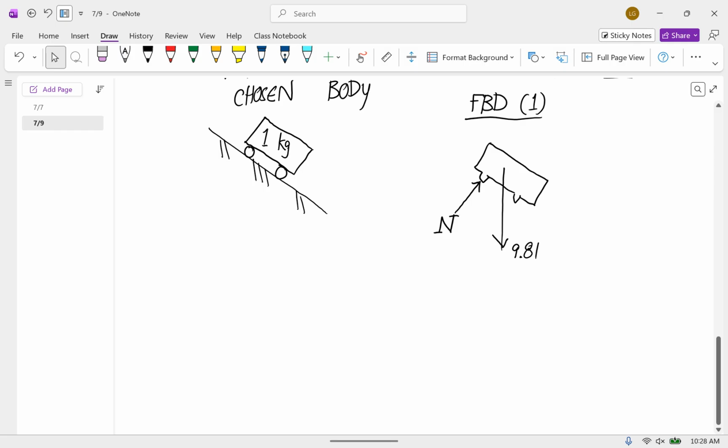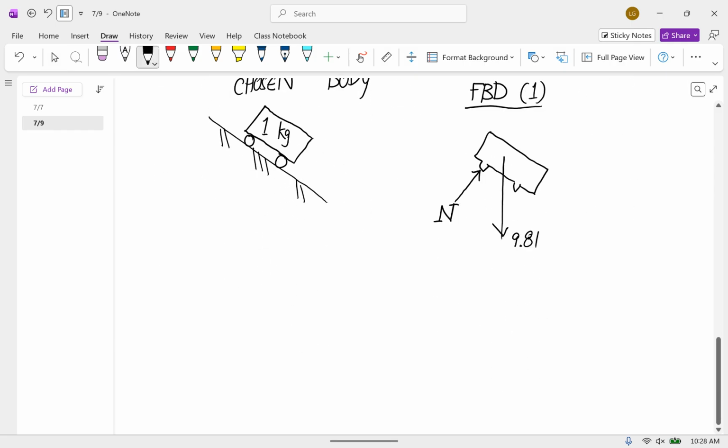And then the last one is a friction contact. And a friction contact applies a full force vector.